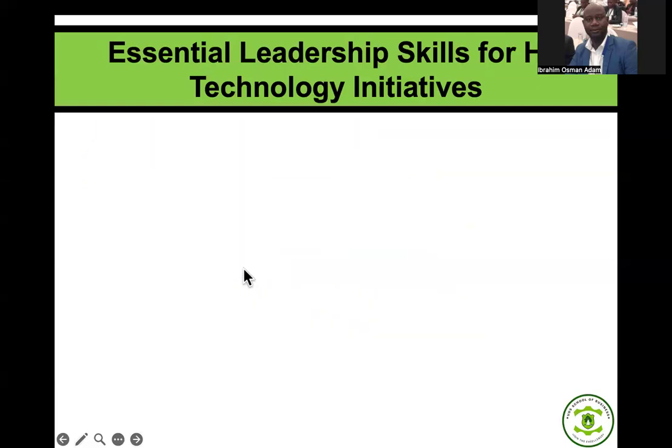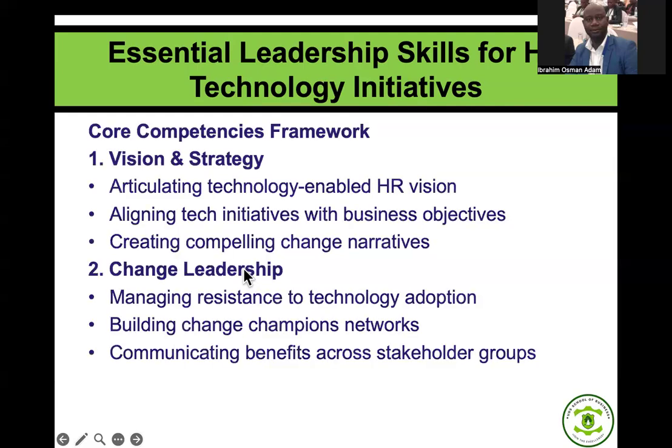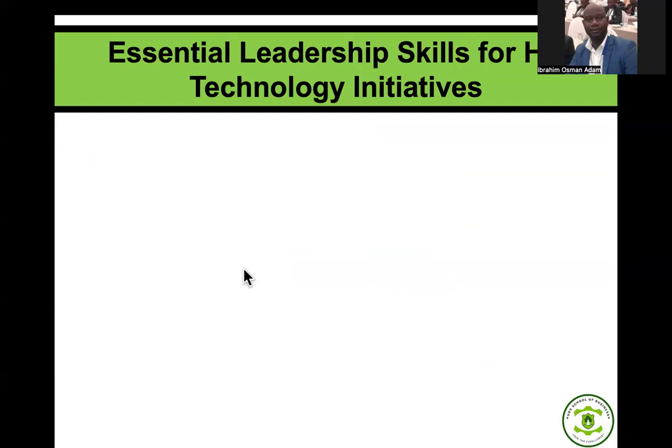We have just looked at two: vision and strategy, as well as change leadership. There are others we also need to look at, two more. Project management. Now you have a vision and you have that leadership skill to be able to push the change through. Now let's look into the operational skills that can turn your vision into what?